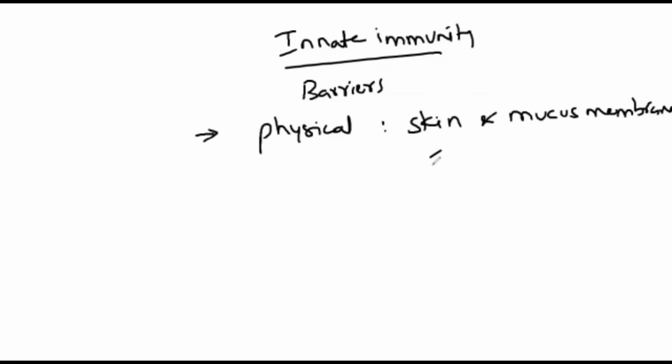And next, mucous membrane. The mucous membrane lines the respiratory tract, GI tract, and urinogenital tract. Suppose the pathogen tries to move through the nose or mouth or through the anal route, whatever it may be, the mucous membrane consists of immune components called MALT, mucosa associated lymphoid tissue, whose percentage is nearly 50% of the total lymphoid tissue.